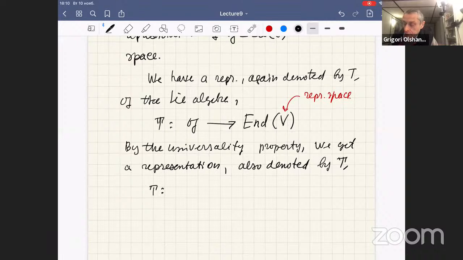So we now have an associative algebra morphism, or representation, on the same space.